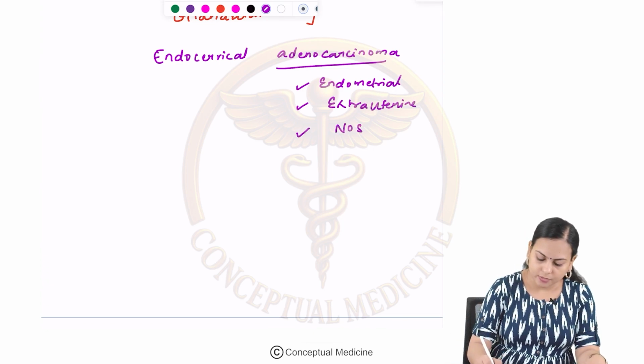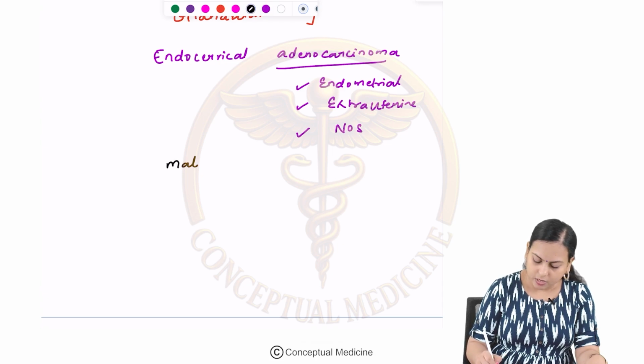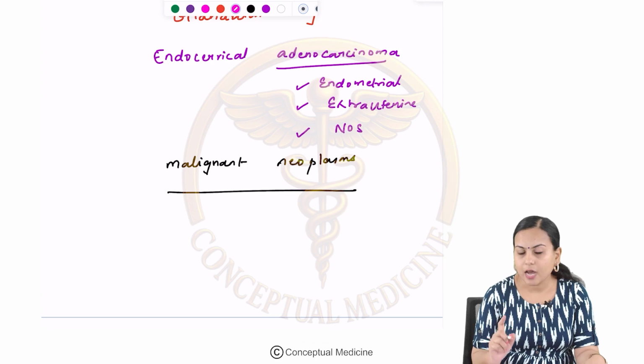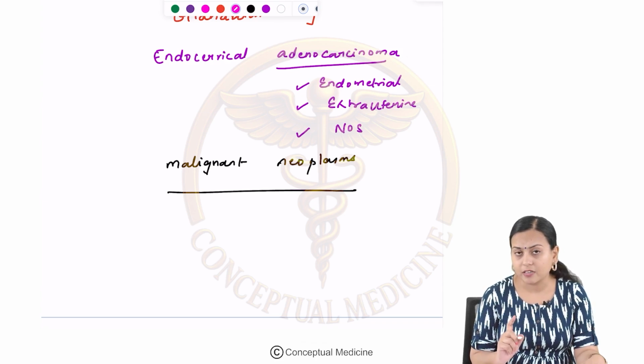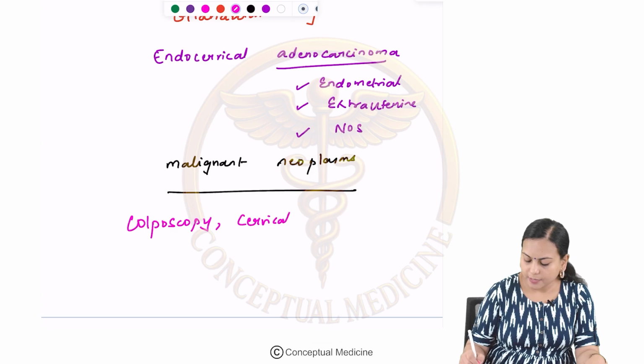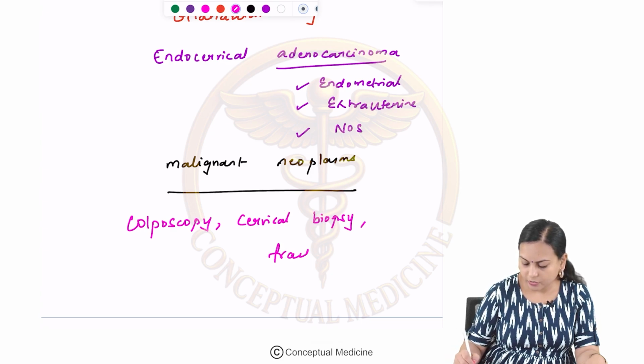Okay. Suppose if they are able to make out any other malignant neoplasms, that will be mentioned separately. Okay. And if you see abnormal cells in the pap smear report they have given, then it will be proceeded with colposcopy, cervical biopsy, and then fractional curettage.